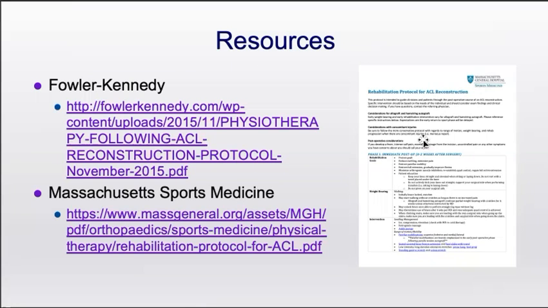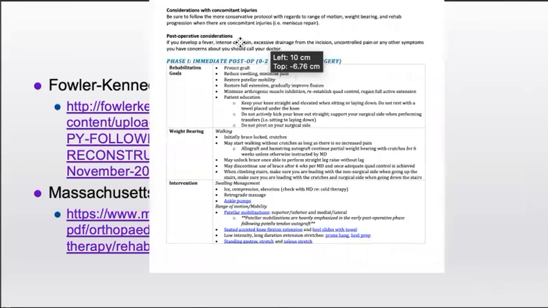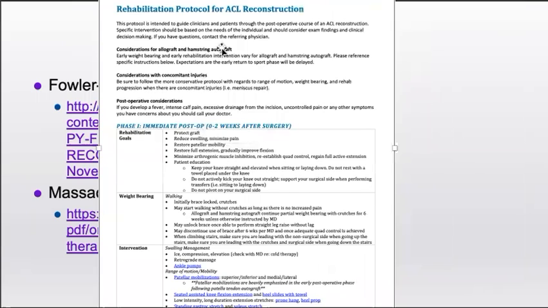Okay, and this is a very, very typical look to a rehab program where it gives you considerations at the top, depending on if it was an allograft, so a graft from the person's hamstring, or if it was from somewhere else. And then they will break it down into phases. So phase 1, immediately post-op, 0 to 2 weeks after the surgery.